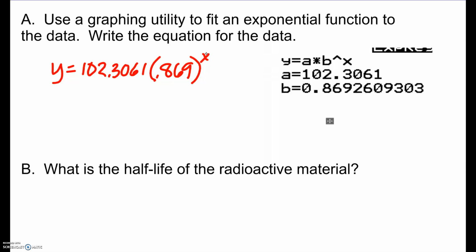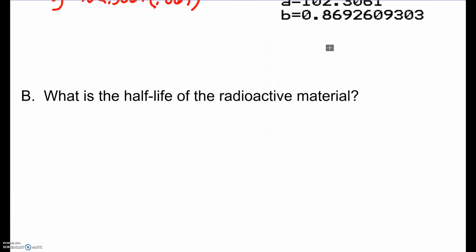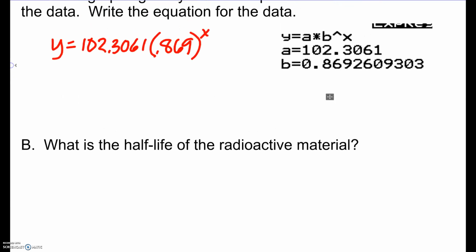Part B asks for what is the half-life of that radioactive material. That means how long before half of it is gone. So in the original problem, they told us that we started with 100 grams. So half that much would be 50 grams.